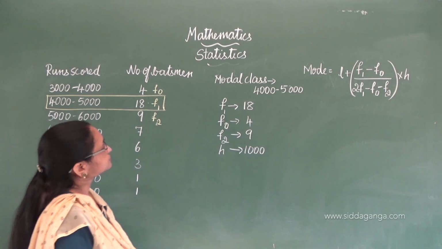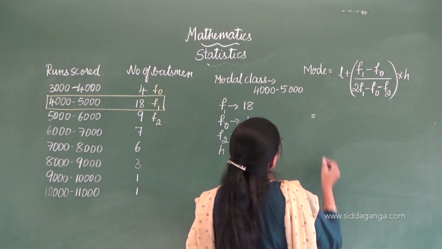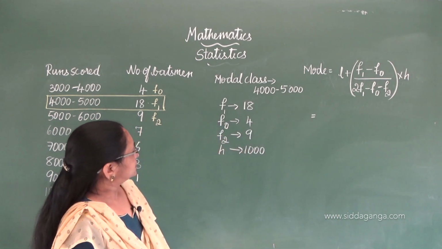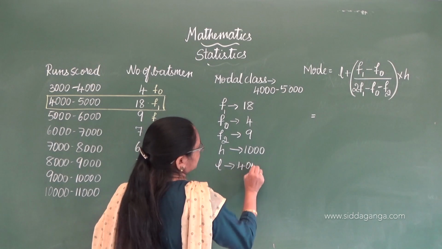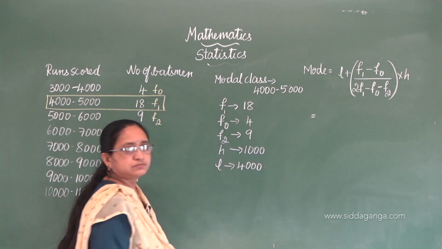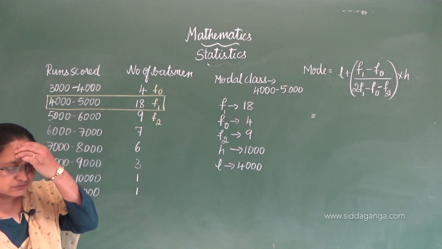Okay, now let us find out what L is. L I have not written. L is 4000. Now let us put the values.